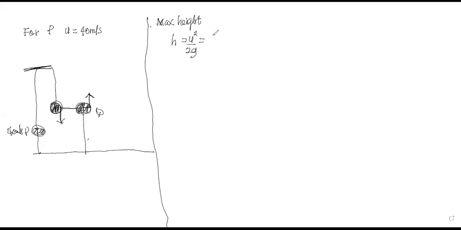Therefore, we have 40 squared over 2 times 10. And this is giving us 1600 divided by 20. This is giving us a height of 80 meters. Are we okay?